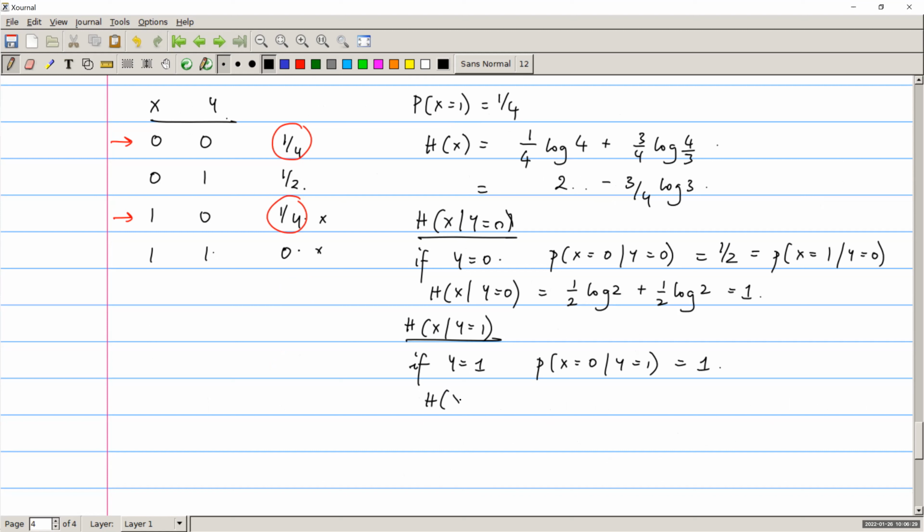Again, h of x given y equals 1 is 1 log 1 plus 0 log 0. By convention, we take 0 log 0 to be the limit of x log x as x goes to 0. We define it to be 0. And this happens to be the limit as x goes to 0 of x log x.